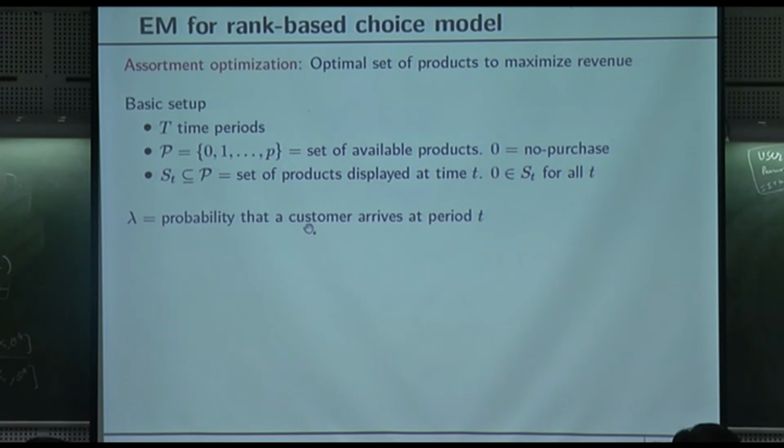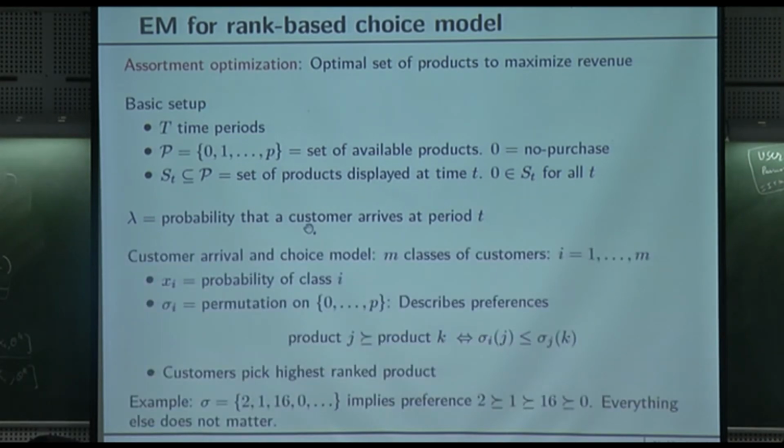Either way, either you assume 0 is always part of that set, or there are other ways of looking at it. Lambda is the probability that a customer arrives in period t. Think about these periods to be in seconds or microseconds, depending on the traffic that you're talking about. And in each unit, you have a certain probability that a customer arrives. Question? Good, okay, perfect.